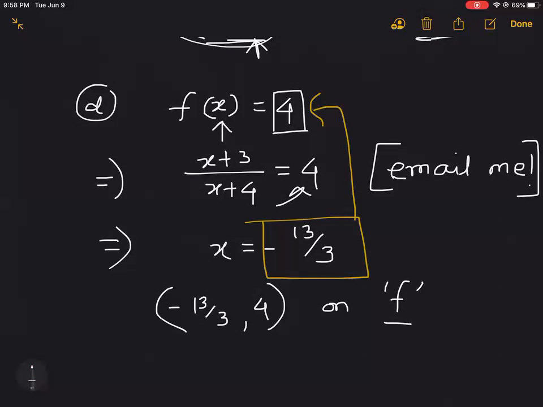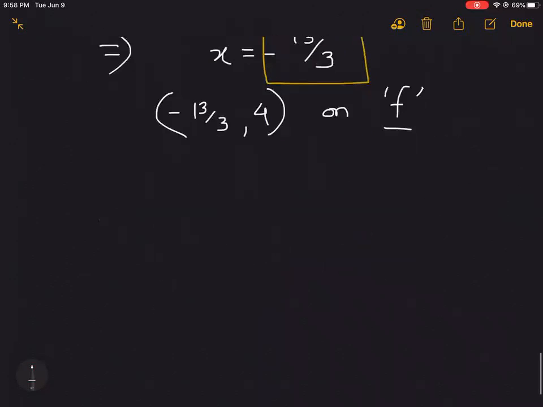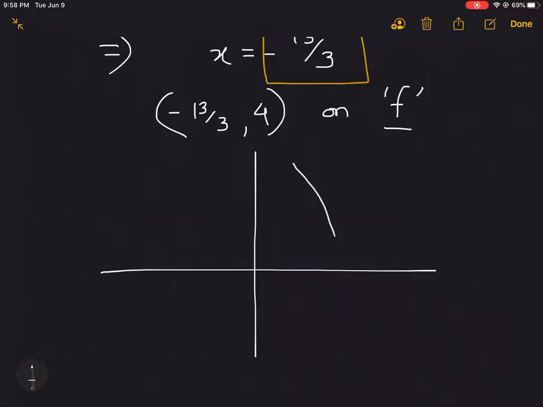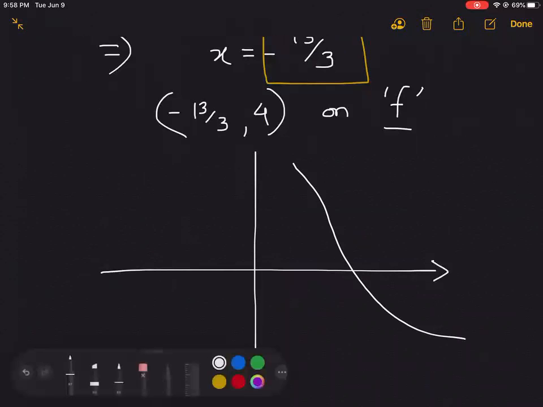Finally, the last question is, what are the x-intercepts of this graph? Let me just quickly show you what an intercept is again. If your graph goes past this x-axis, it has to touch or actually go through the axis, right?